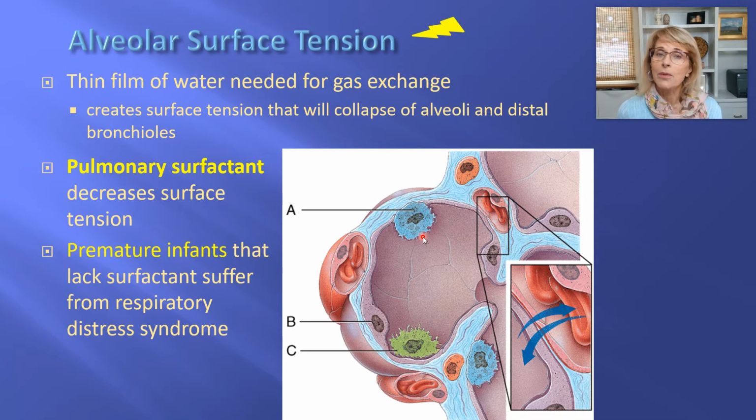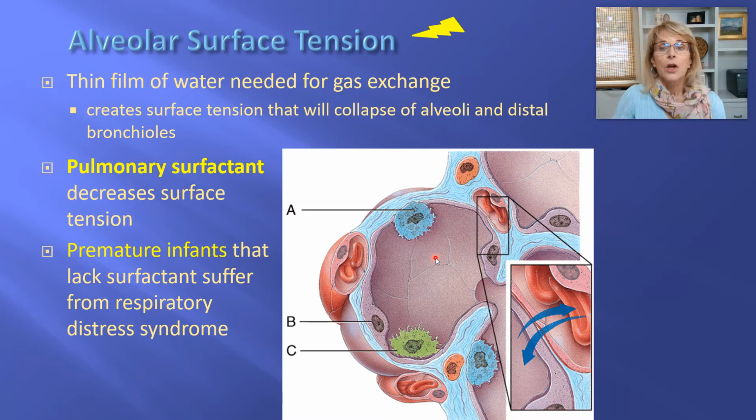So one of the problems that people have when they get a bad coronavirus infection is that their type 2 alveolar cells are not able to make enough pulmonary surfactant. So every time they exhale, it's more likely that their alveoli will collapse, and then it requires more effort for them to inhale than it should.